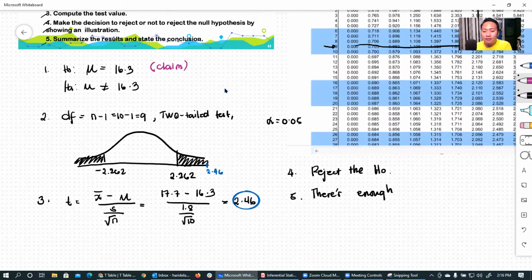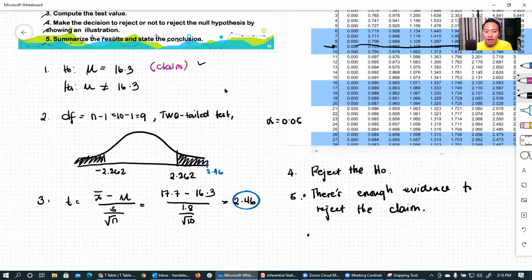Since we are rejecting the null hypothesis, we can say there is enough evidence to reject the claim. That's one of our conclusion statements, because the claim here, guys, is the null hypothesis.